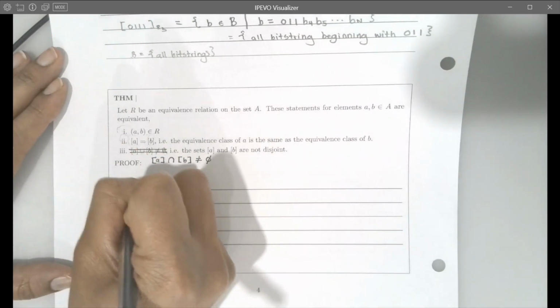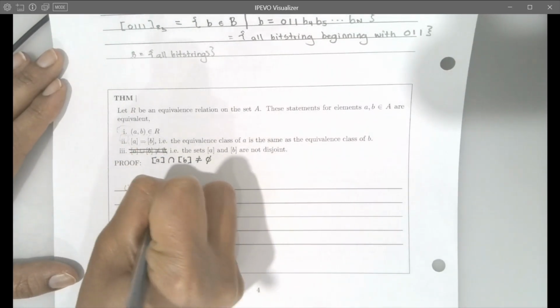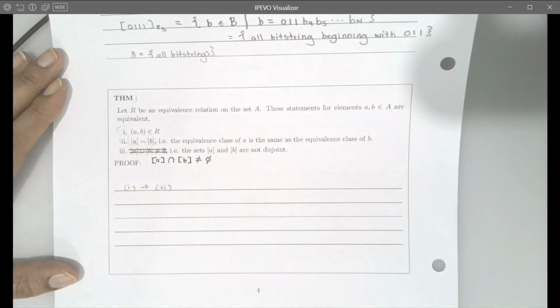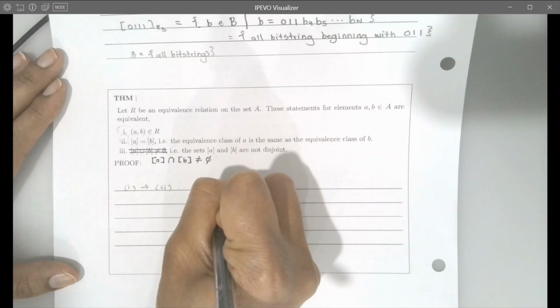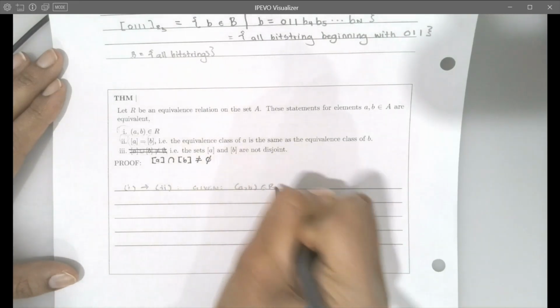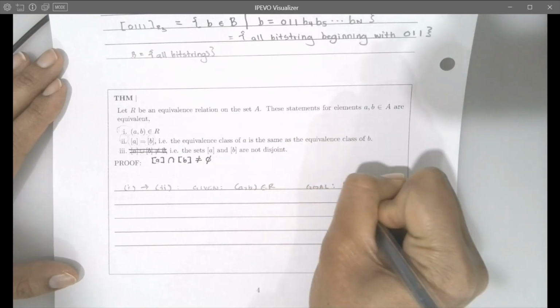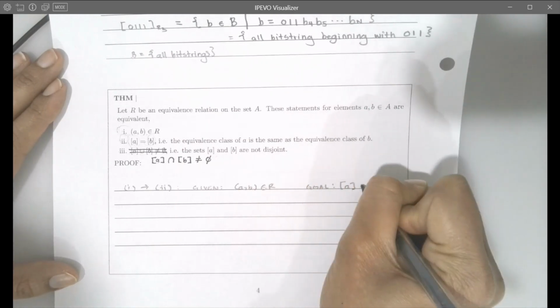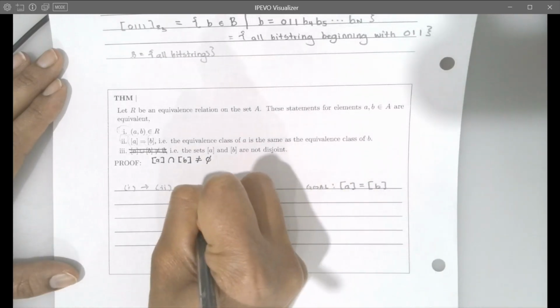So in other words, we have to prove that 1 implies 2. And that means that we'll treat as a given the fact that A comma B is part of the relation, and then the goal is going to be showing that the equivalence class of A is equal to the equivalence class of B.